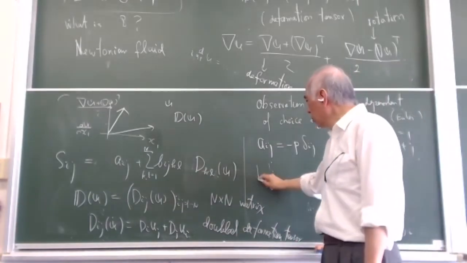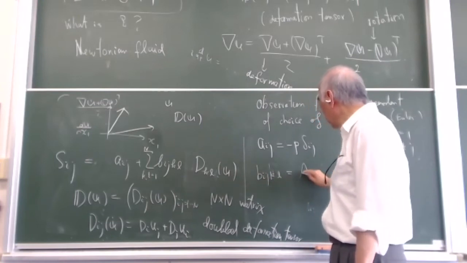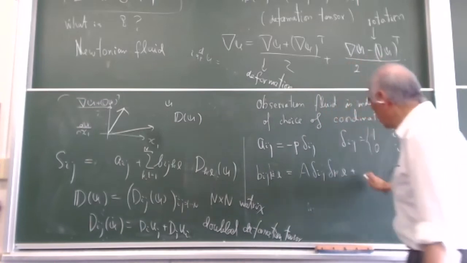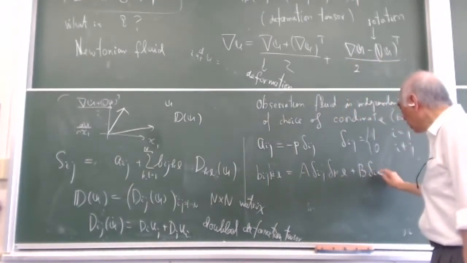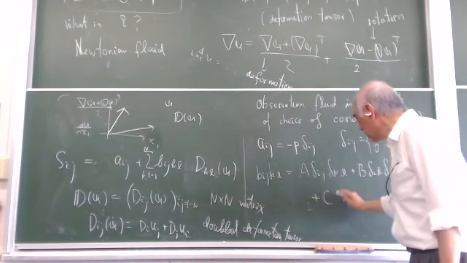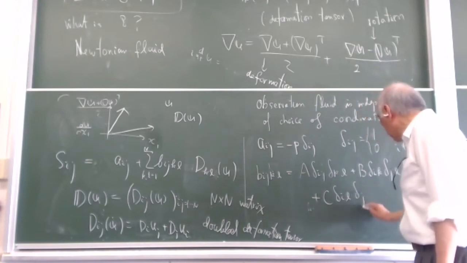And Bijkl is given by A delta ij delta kl plus B delta ik delta jl plus C delta il delta jk.